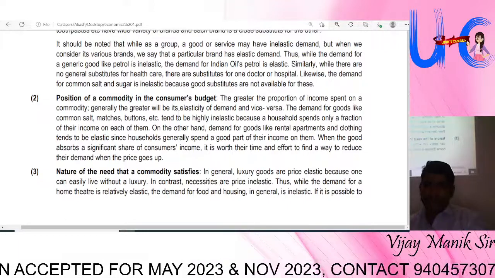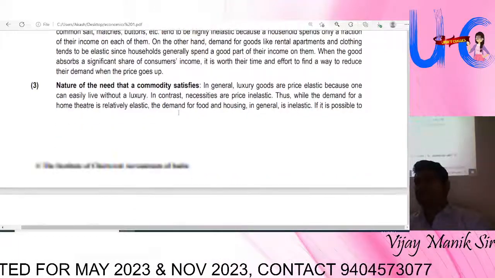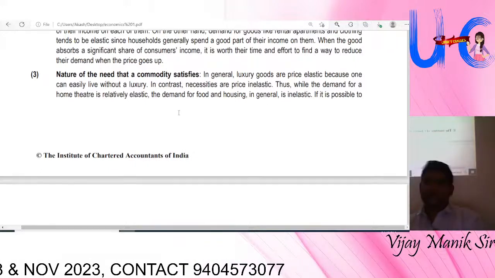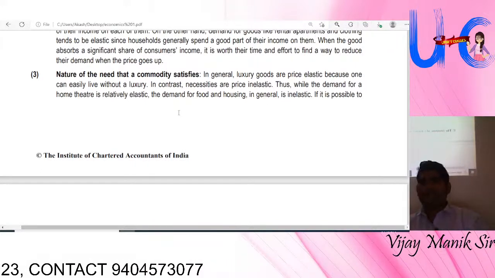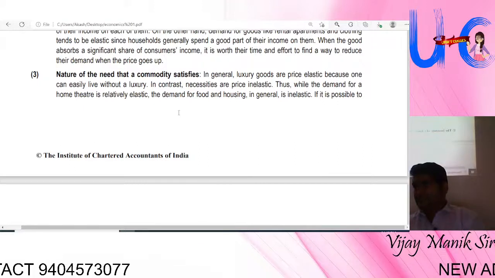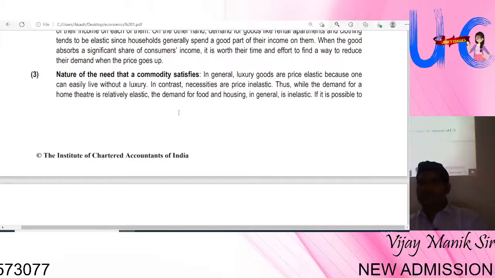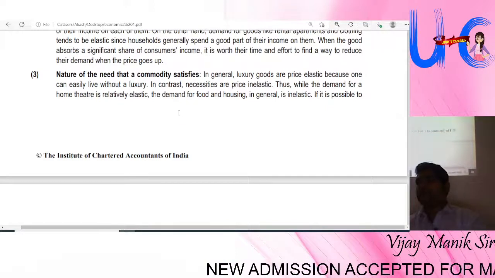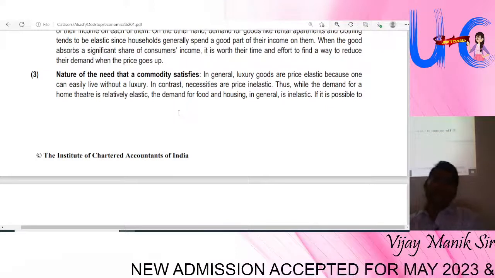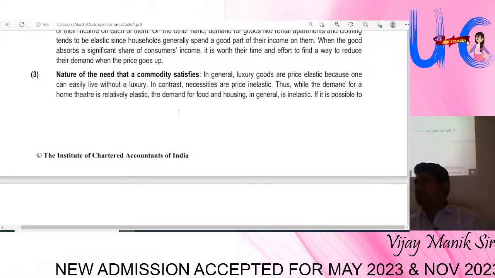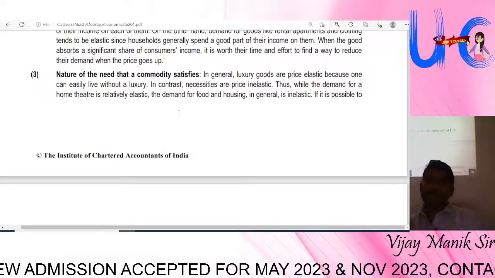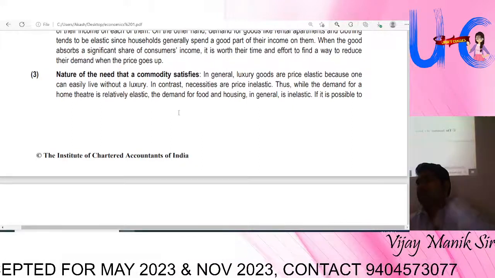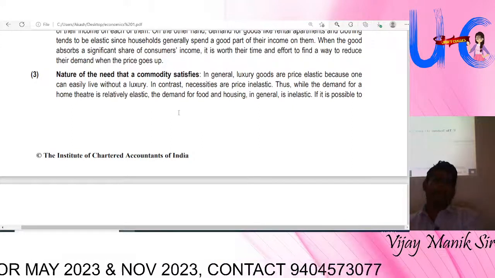Nature of the need that the commodity satisfies: which product they are going to launch, and whether it will satisfy the consumers' desires or not. First they have to study which kinds of commodities are already available in the market and the weaknesses, the minus points, of those products. After knowing this they can improve their product for the satisfaction of the consumers.